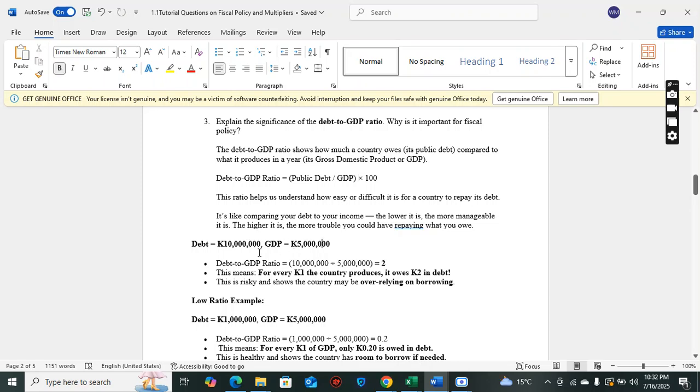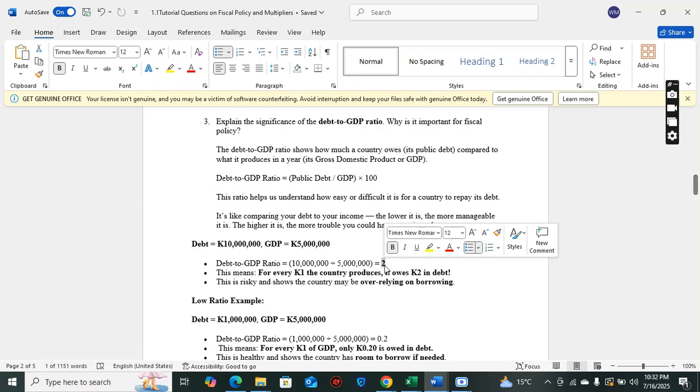Let's say the Zambian government has debt of 10 million and the GDP is 5 million. So you divide 10 million by 5 million, that gives you 2.